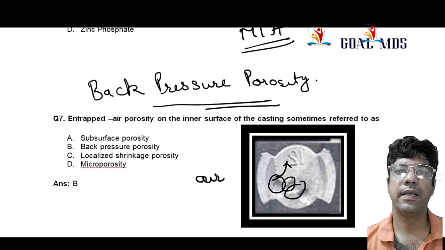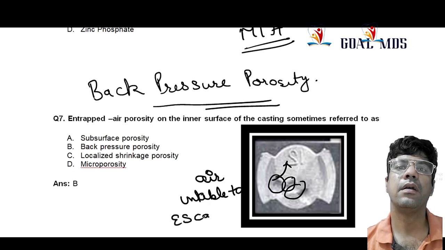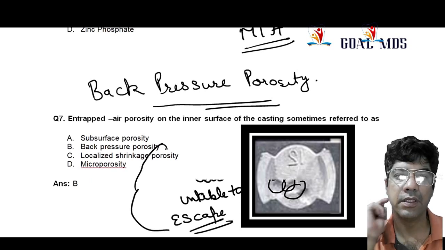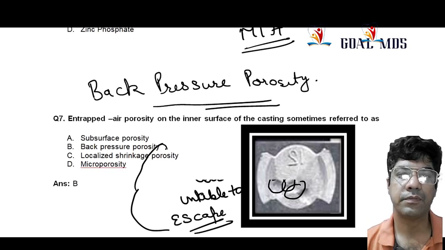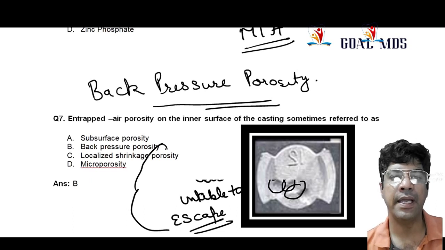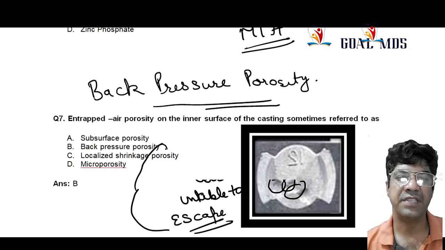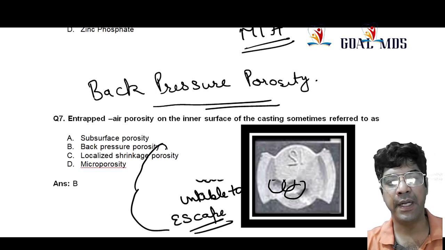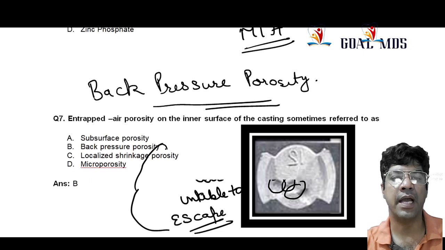So air unable to escape could lead to back pressure porosity. So back pressure porosity refers to the entrapped air porosity on the inner surface of casting that will create a concave depression, and it is caused by inability of the air in mold to escape toward the end of investment.